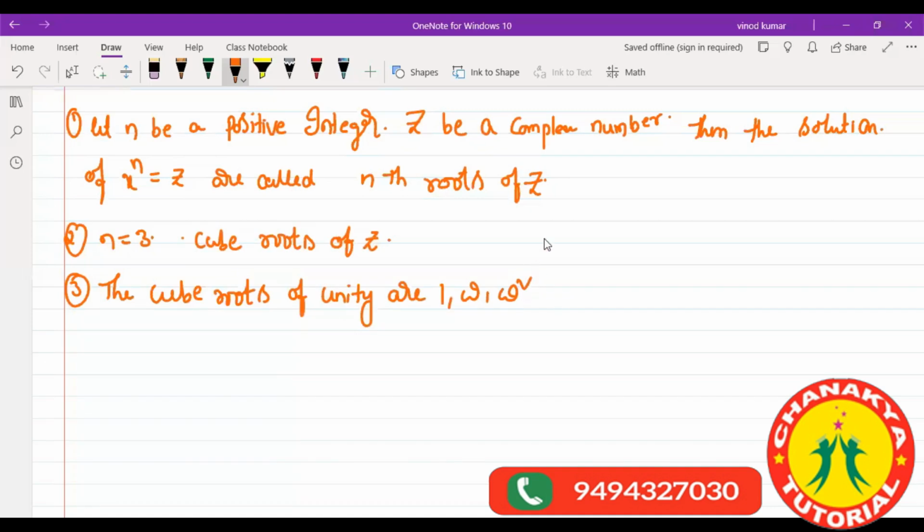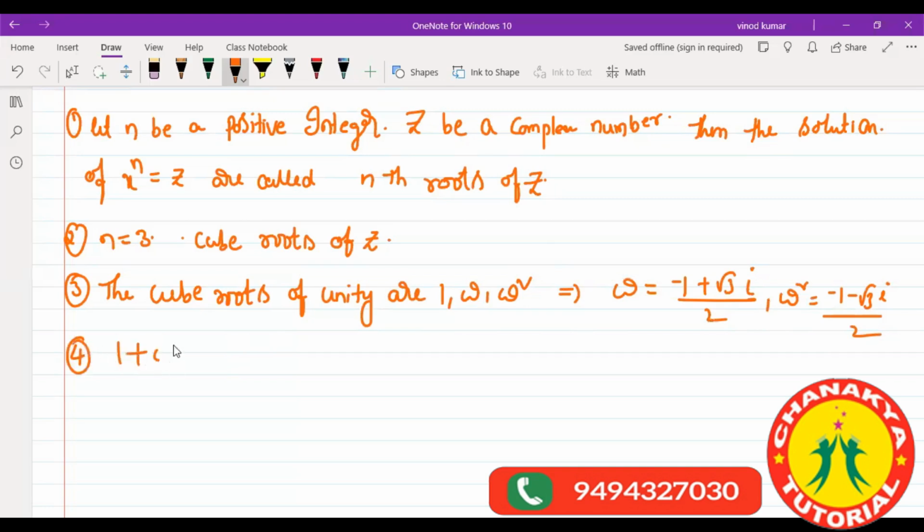Here omega equals minus 1 plus root 3 i by 2, and omega square equals minus 1 minus root 3 i by 2. The sum of all the cube roots is 0: 1 plus omega plus omega square is 0.